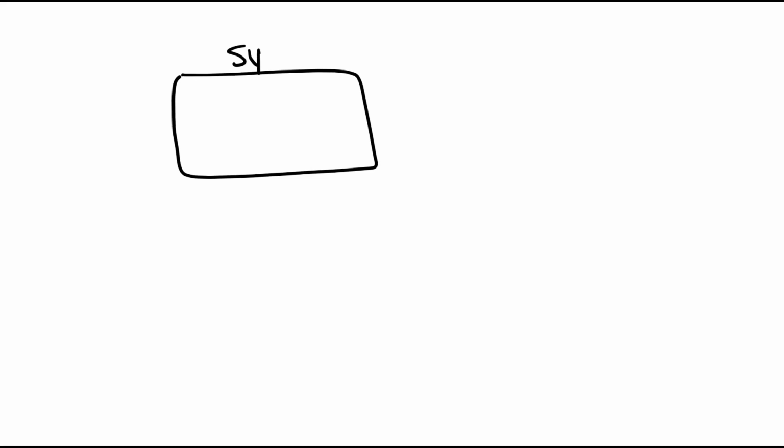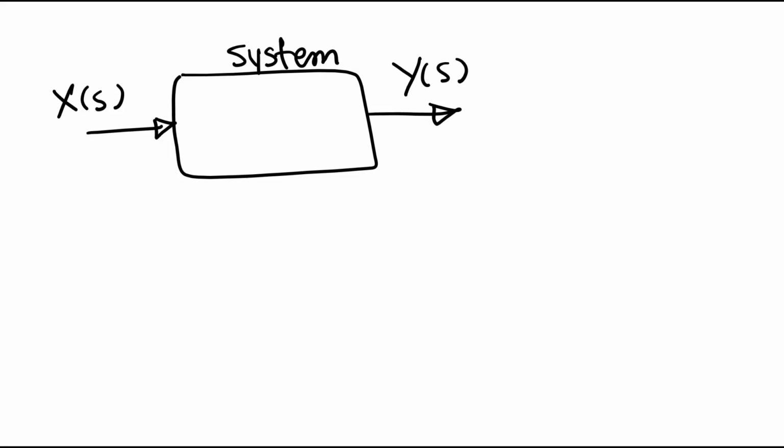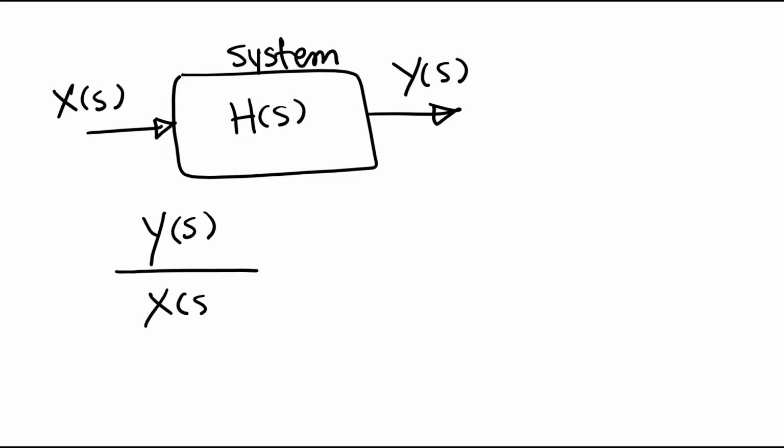So now let's be more general. In general, if we have a system or circuit and we apply an input like X of S, and let's assume that we're focusing on a particular parameter as our output, and I'm going to call it Y of S, then H of S, or the transfer function of this system, which describes the relationship between this output and the input, is basically the ratio of the output Laplace transform to the input Laplace transform.